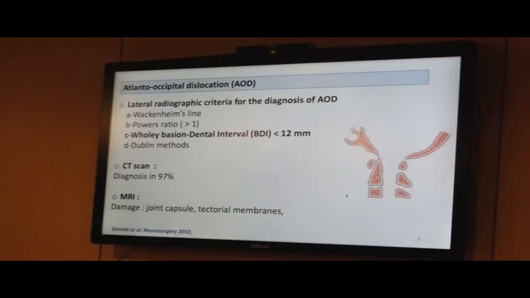A distance of more than 15 millimeters in adults or 12 millimeters in children is abnormal. The last one is the Dublin method, which measures the distance from the posterior cortex of the ramus of the mandible to the anterior portion of C1 and C2.